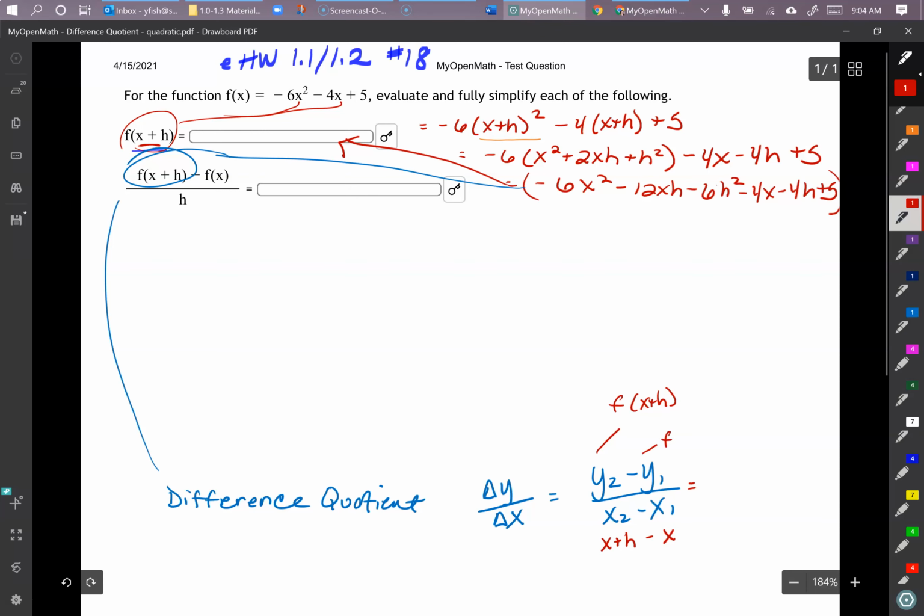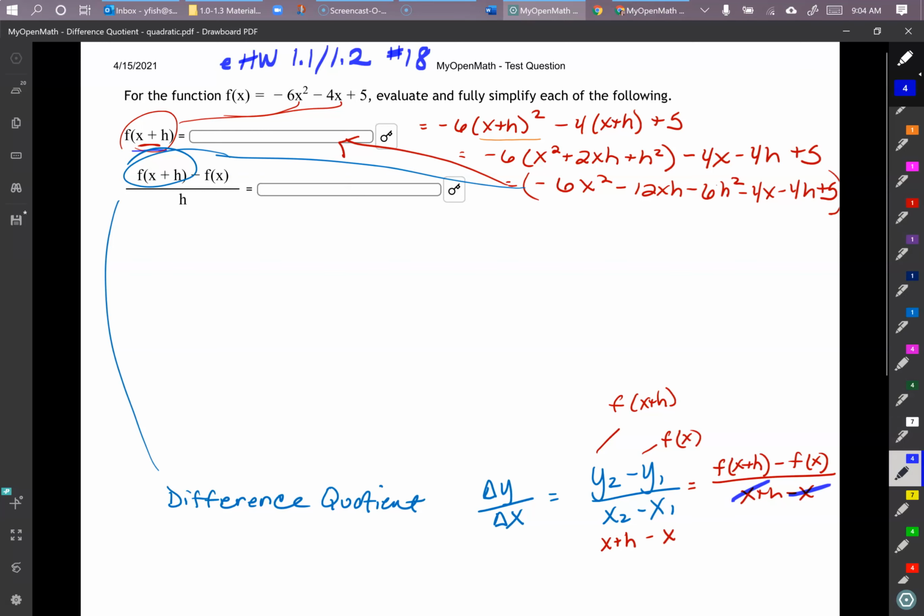So my first y value would just be the f of x. That's how it gets written out in this format: f of x plus h minus f of x, all divided by x plus h minus x, and then the x's just literally cancel out there, leaving me with the h, and that's what you see here.